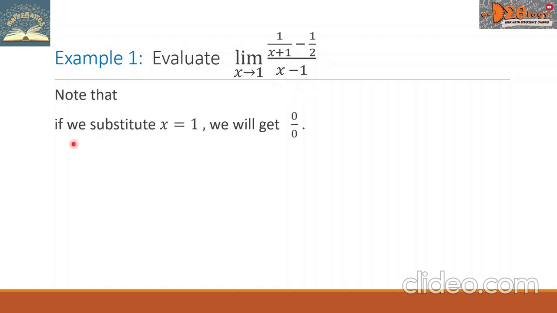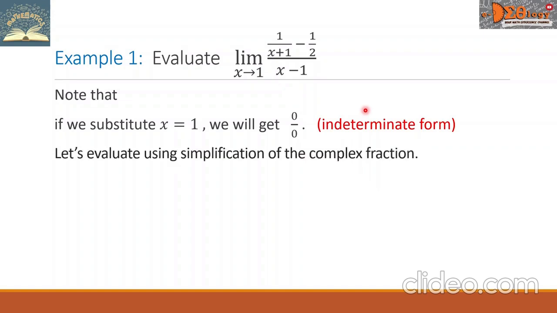Note that if we substitute x equals 1, we will get 0 over 0, and we call this indeterminate form. That is why we're going to evaluate this using simplification of the complex fraction.